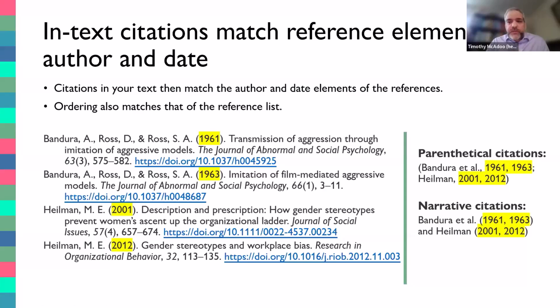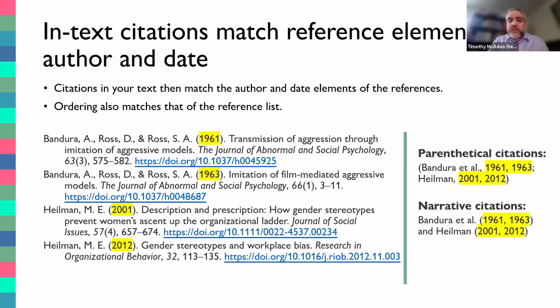And so then here we have one of the example lists from an earlier slide. On the left part of this slide, there's the list. On the right side is how you would cite those works if you were citing them all together like this. You can see now that we've determined the order in the reference list, the in-text citations are easy enough. They match the author name element and the year element.